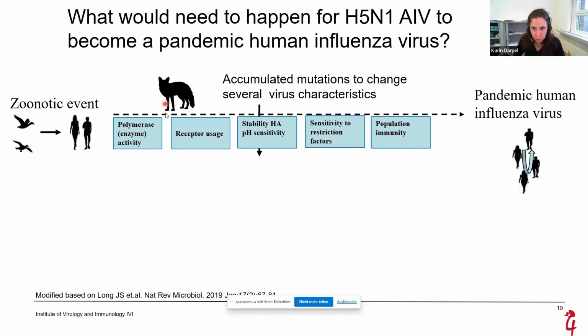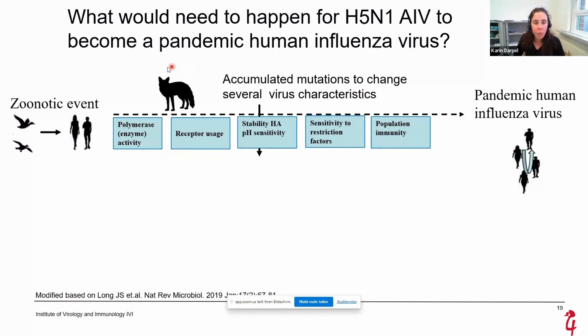We have heard about point mutation, but it is important to realize that this isn't just 1 or 2 mutations, but that numerous mutations would have to accumulate to change these viral characteristics from an avian influenza adapted virus to a human adapted influenza virus.